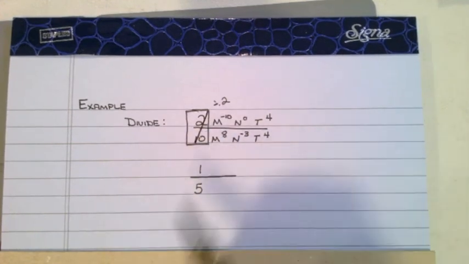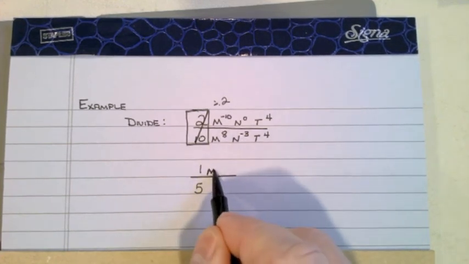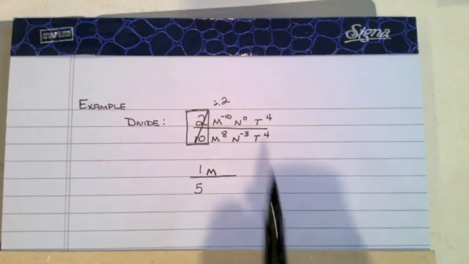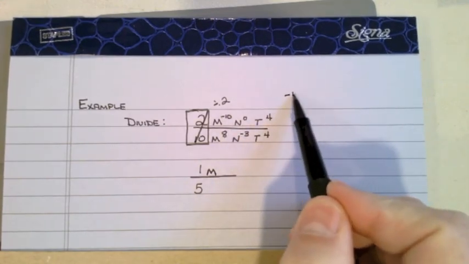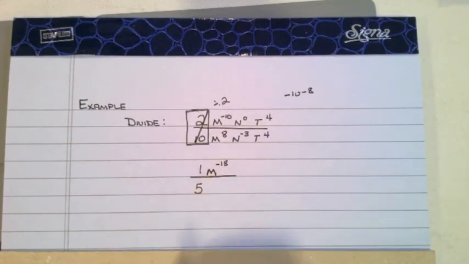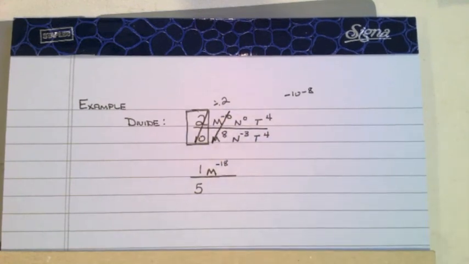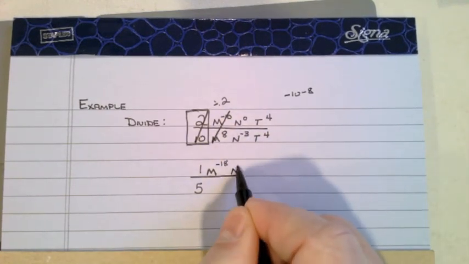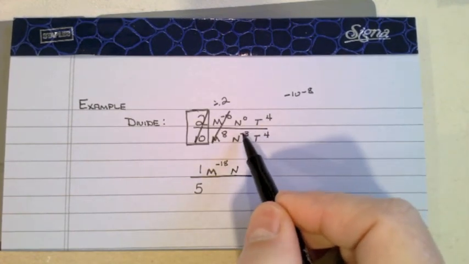I've dealt with my coefficients. First variable I need to write down is m. Always start off in the top. Negative 10 minus 8. Negative 10 minus 8 is negative 18. I go to my next variable, which is n. 0 minus negative 3.